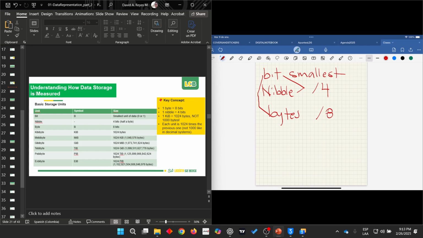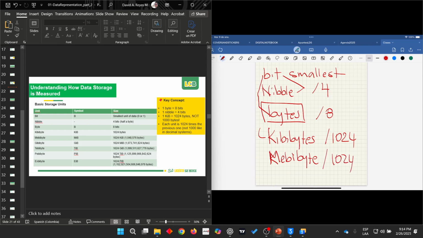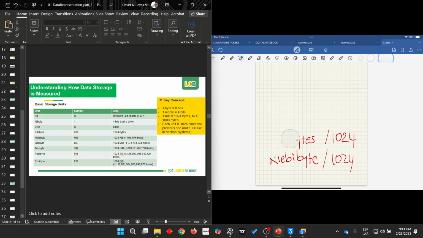And now, if you want to pass from bytes to kilobytes, you need to divide that answer by 1024. If you want to pass from kilobytes to megabytes, you need to divide that answer by 1024.